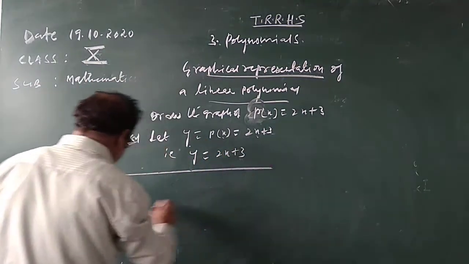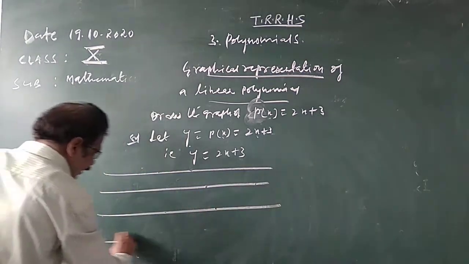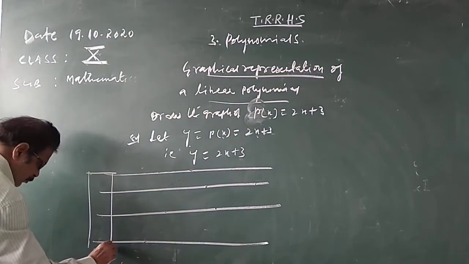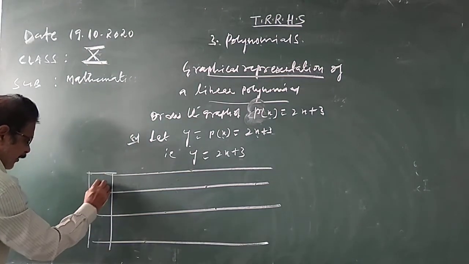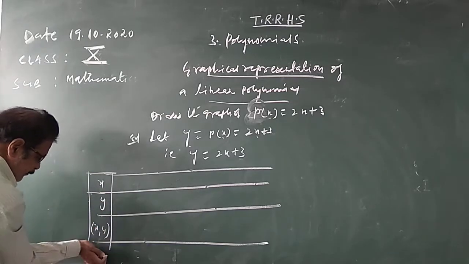Now, you already learnt this in the 9th class. You take 3 positive values and 3 negative values of x, giving the point x, y.